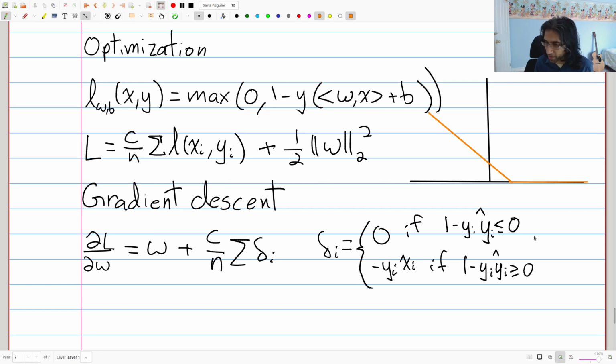The thing is, keen-eyed watchers might have noticed that we have some ambiguity. What happens if this is equal to 0? Well, that corresponds exactly to this point right here, which is the hinge itself. And at that point, the function is not differentiable.